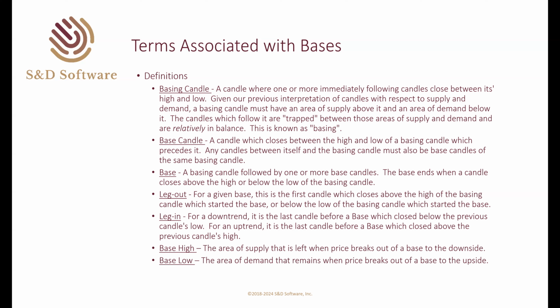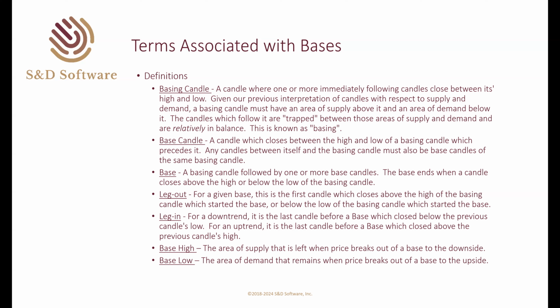When price breaks out of the base to the downside, the demand, which had been propping up price and trapping it within the range of the basing candle, has been eliminated. But the supply that was holding price down, keeping it trapped, is still there and is left behind. That is known as the base high. And the tool will draw a line to mark the base high on the chart for you.